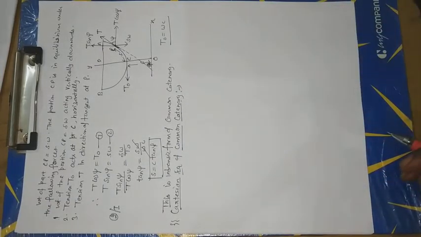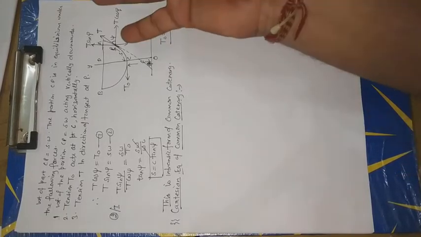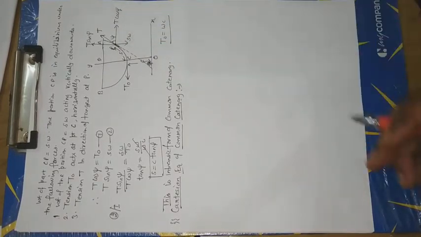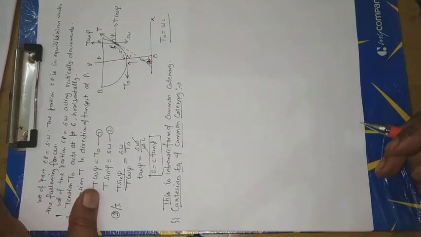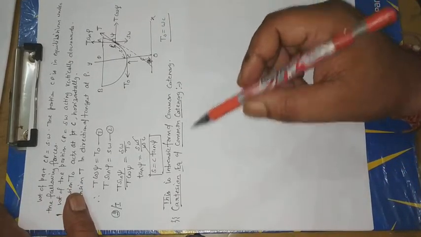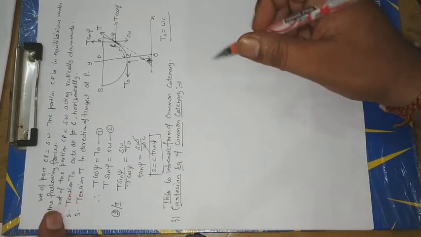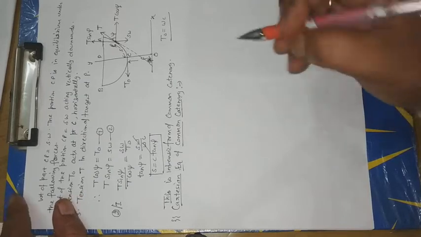In this case, the figure of the common catenary is as above. Now, for the derivation of the Cartesian form of the common catenary, we can use the intrinsic form of the common catenary.